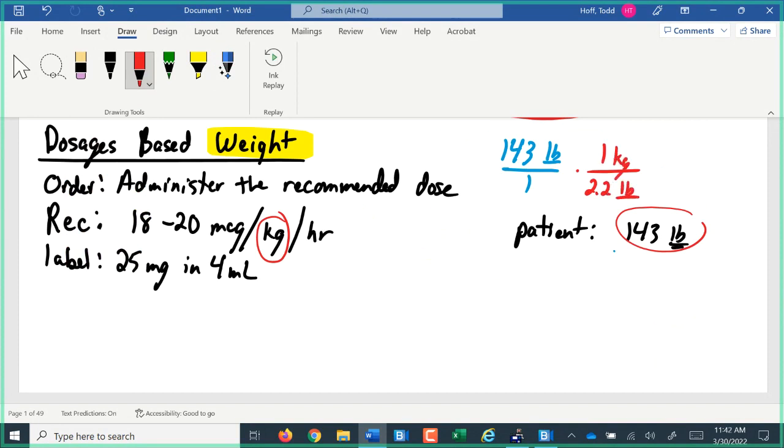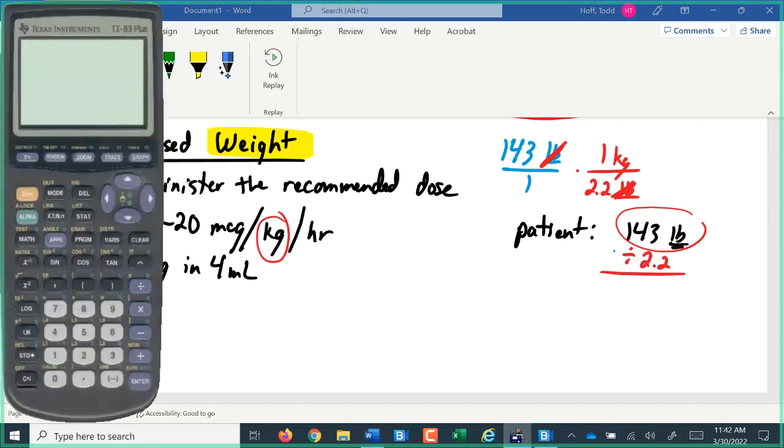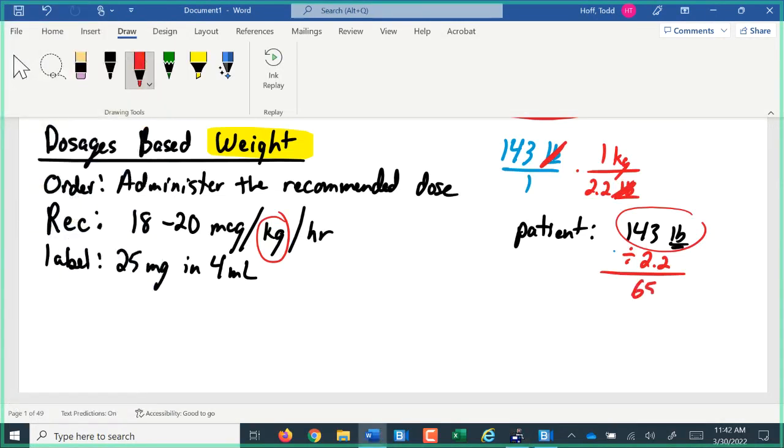And we could go through that whole formal unit conversion to get that answer. But we do this enough that we're going to use a shortcut. And that's simply to take the weight in pounds divided by 2.2. Giving us 65 kilograms for this patient.